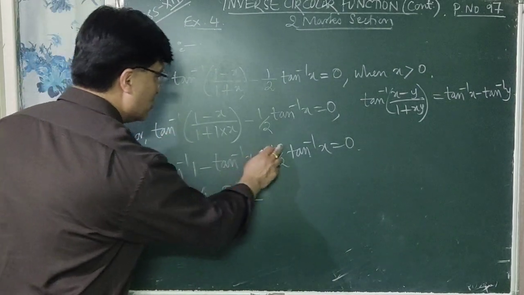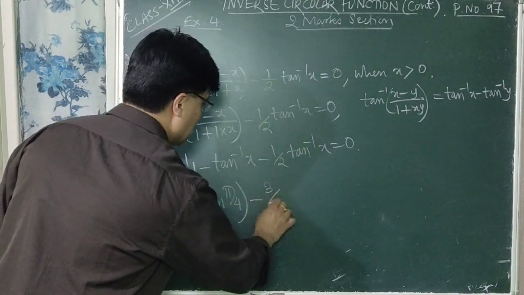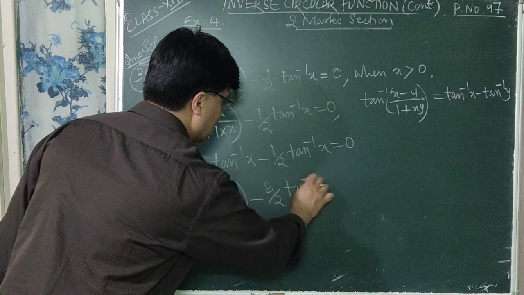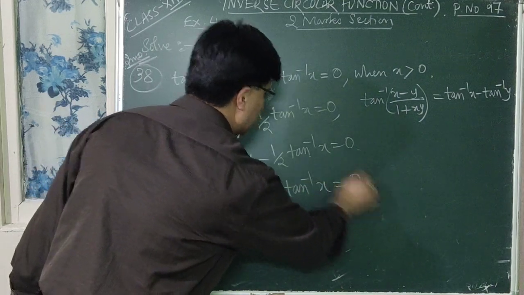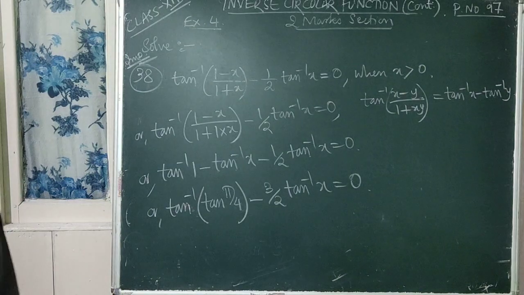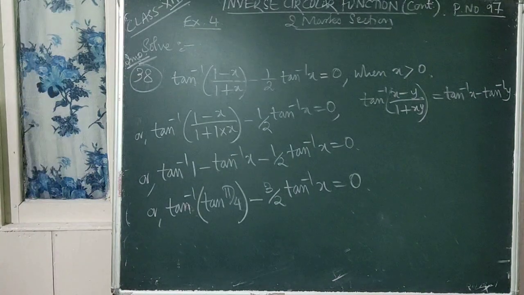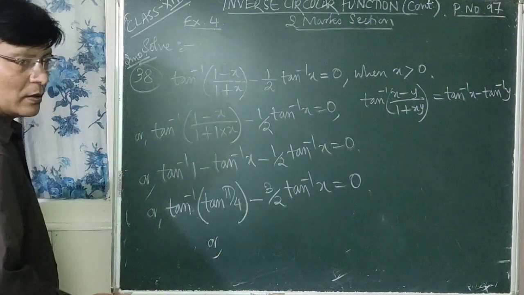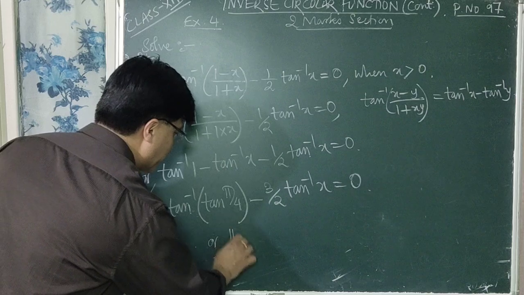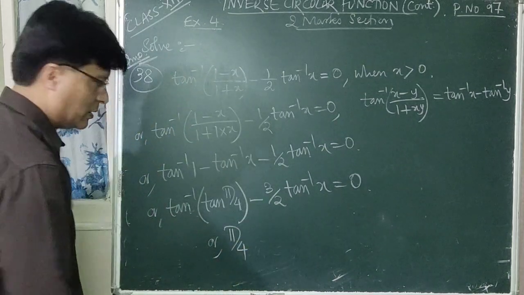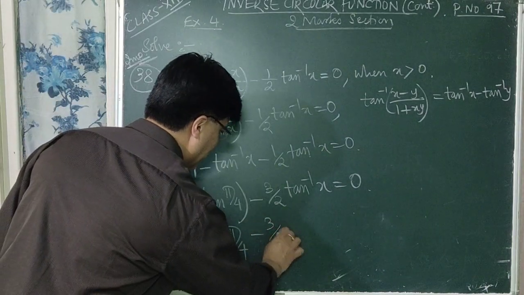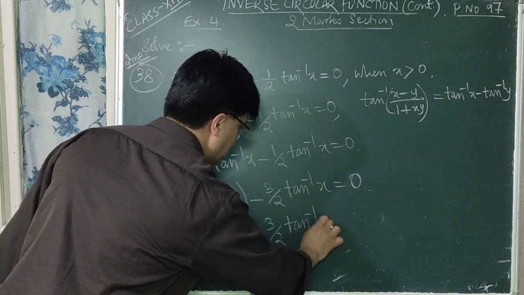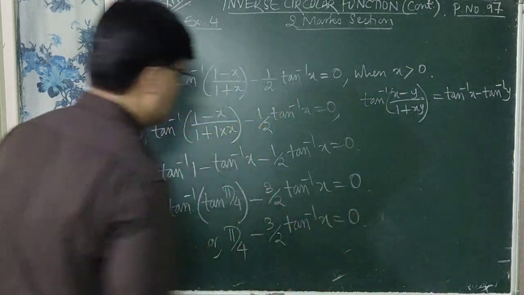Minus, this is 2 ones are 2, plus 1, that is 3 by 2 tan inverse x, which is equal to 0. So is that understood? So now let us simplify it. What is tan inverse tan pi by 4? Pi by 4 minus 3 by 2 tan inverse x, which is equal to 0.